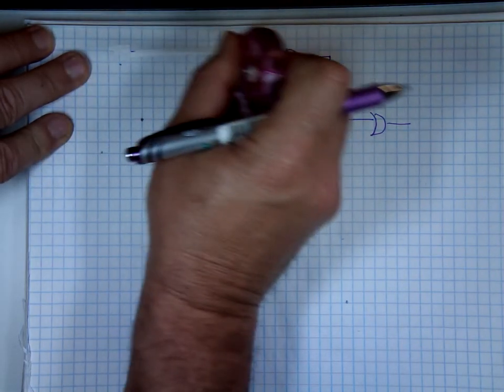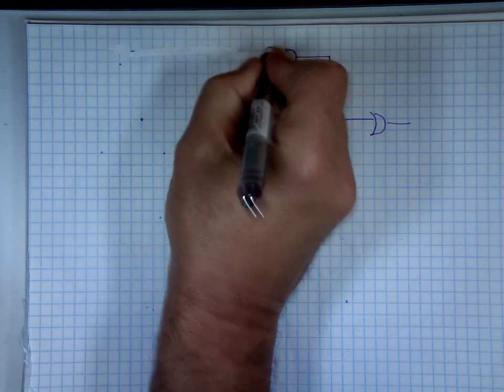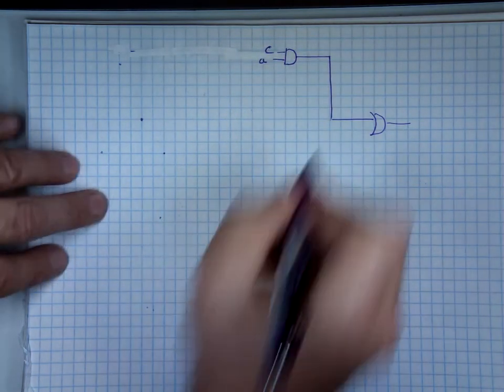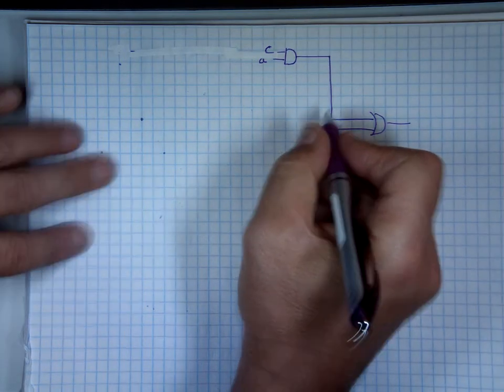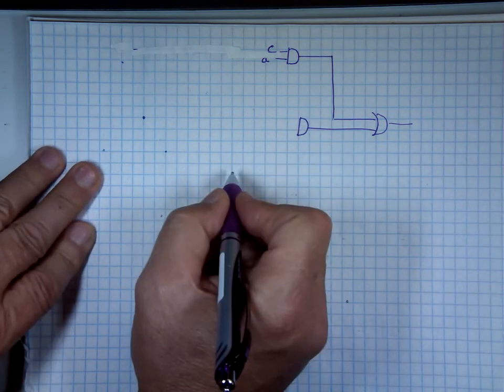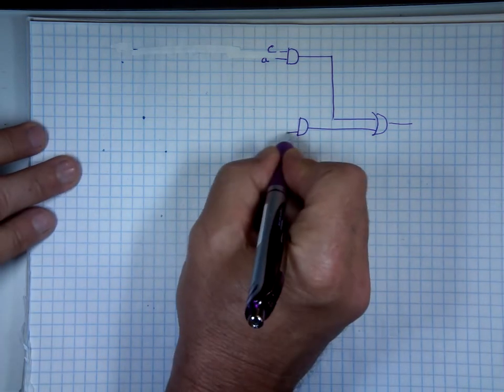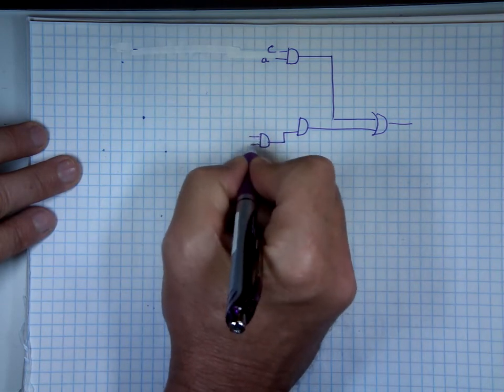Make my life easy. The next one. You have another AND gate here. Attached to the AND gate, another AND gate here with 2 inputs. The 2 inputs for it are B bar and A.